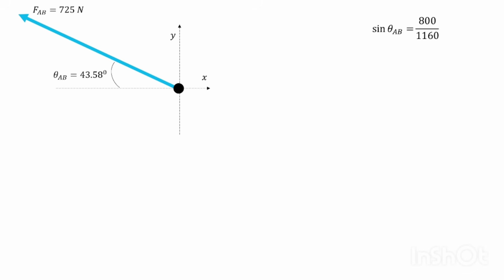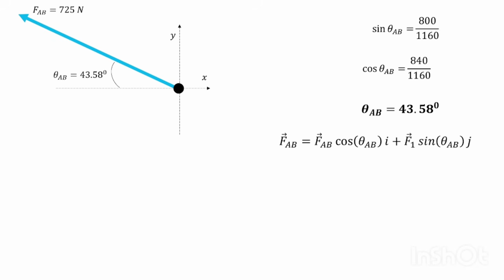So basically, we've gotten our sine theta AB, our cos theta AB, and our angle theta AB. If we simplify this further and apply these values to the tension in the string, which was given as 725 newtons, we're going to have one straight equation.